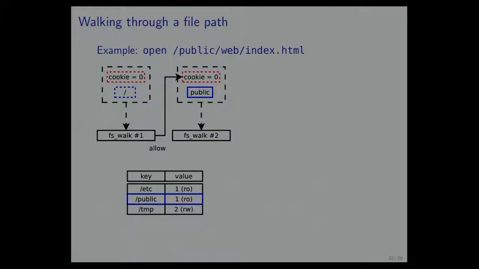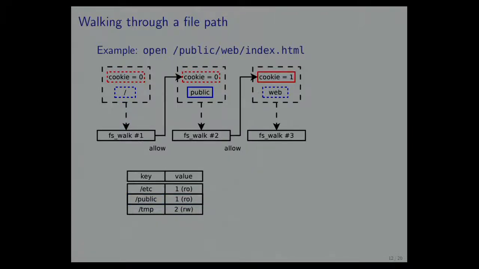So the public inode is in the map, so the program knows that it is allowed to be used as read-only for every read-only action. And then this program can write in its context cookie that, okay, I saw a directory which is allowed. So for the next one, let's remember that we are in an identified file hierarchy.